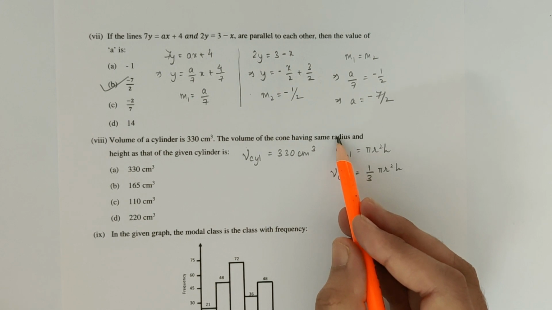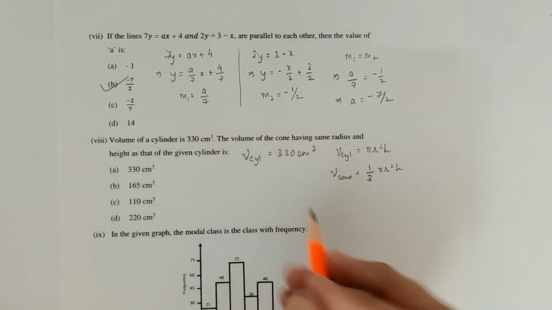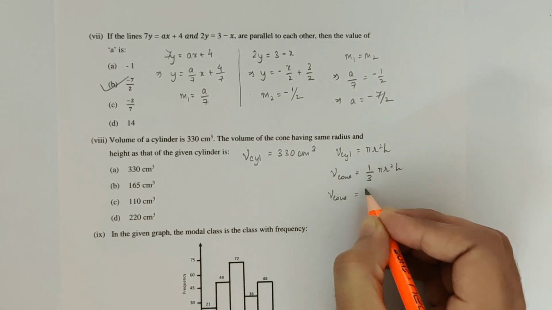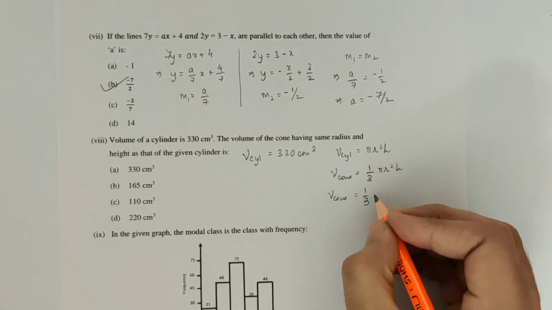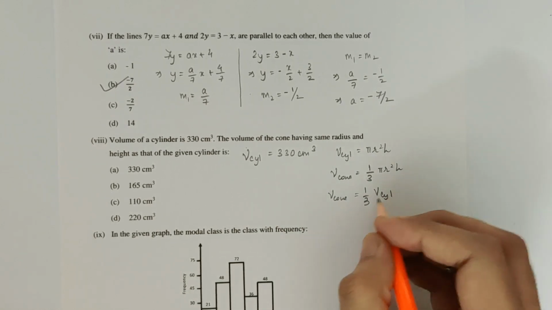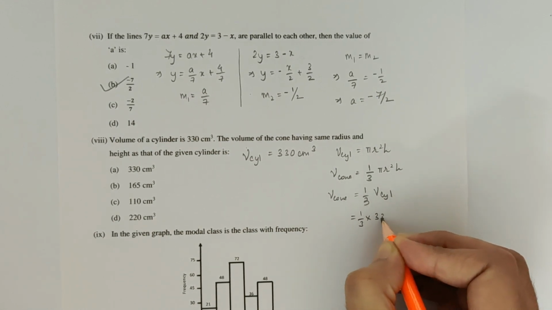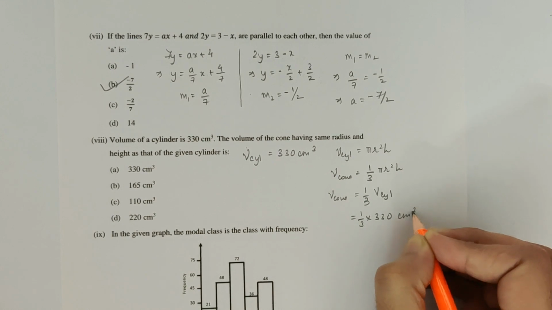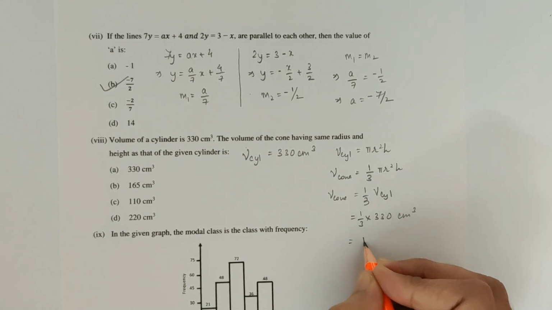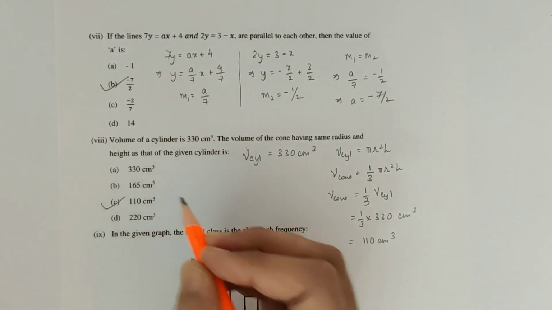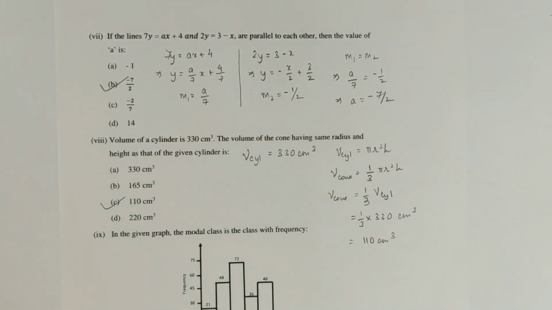So if the radius is same and the height is same, then we will have the volume of cone is equal to 1 by 3 volume of cylinder. So this will be 1 by 3 into 330 centimeter cube, which is 110 centimeter cube. Hence C, 110 centimeter cube is the correct answer.